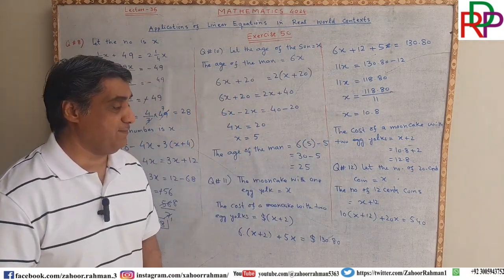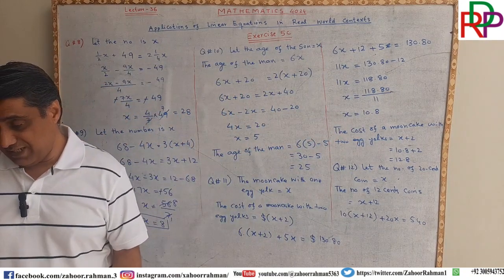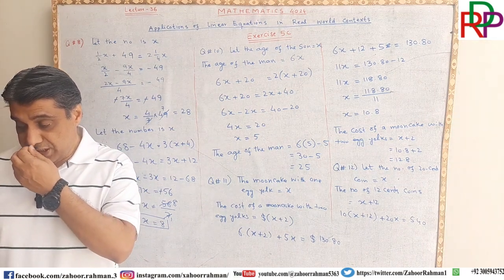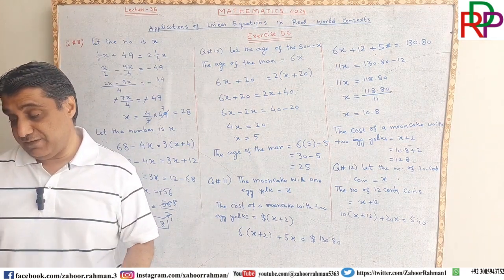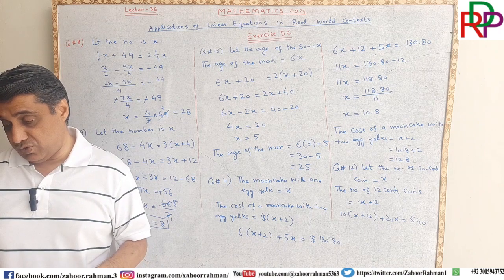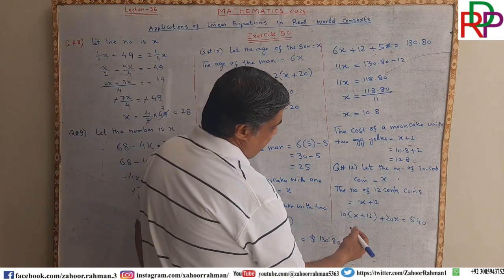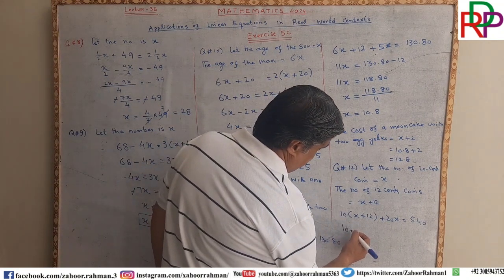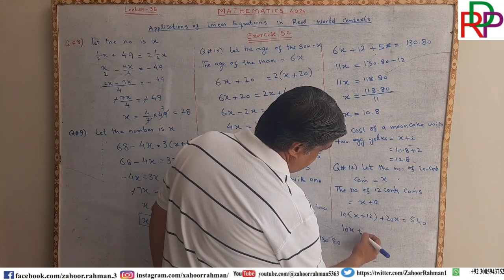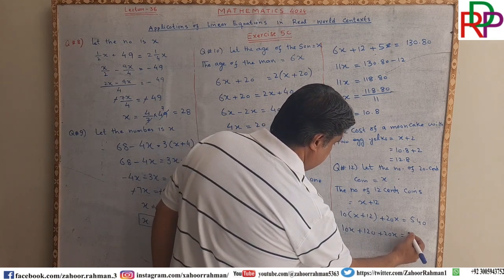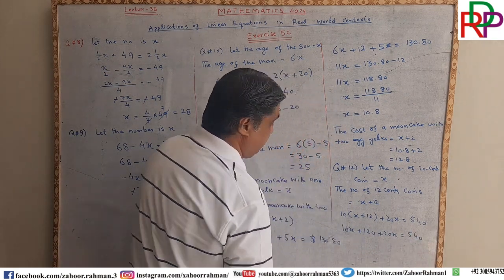They gave us 5.40, but that is in dollars, and we have to convert it into cents. So $5.40 is equal to 540 cents. Now we have to open it: 10x plus 120 plus 20x is equal to 540.